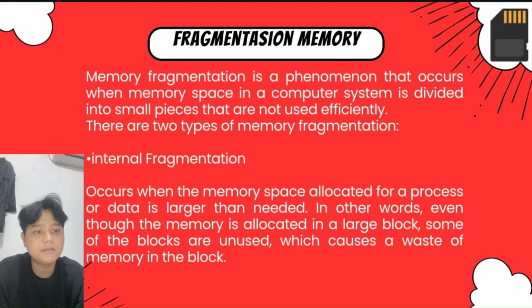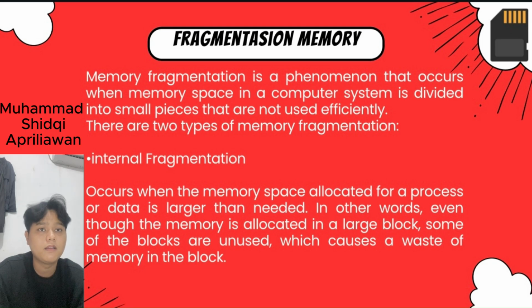And this time I will explain to you what fragmentation is and how it works. The first one, memory fragmentation. Memory fragmentation is a phenomenon that occurs when memory space in a computer system is divided into small pieces that are not used efficiently.